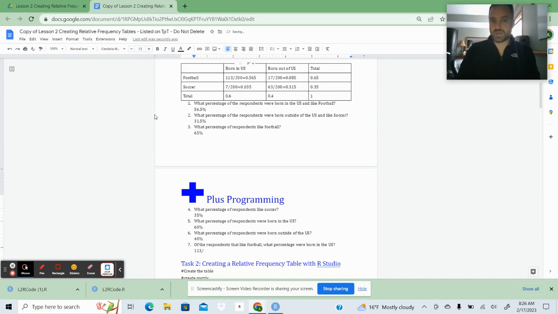So we have 113 plus 17, and when I add that, that gives me 130. So 113 out of 130 equals 86.92%.